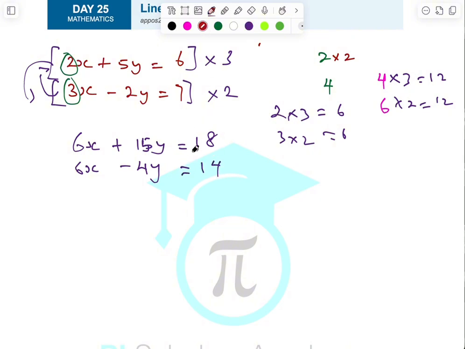So when you're done with this now, the next step is to either sum or subtract the two equations. So what determines whether you will sum or subtract them? Look at the signs that both of them carry. This one has a positive sign, this one has a positive sign. Whenever they have the same sign, what you're going to do is subtract.